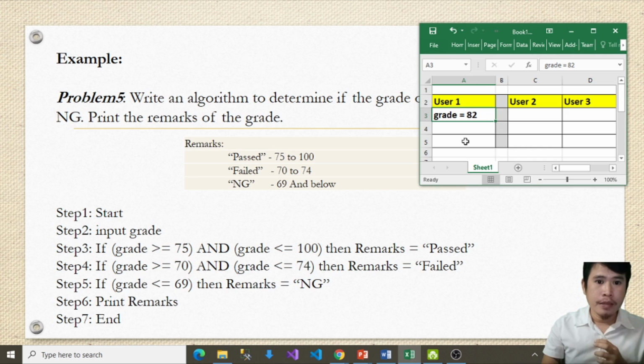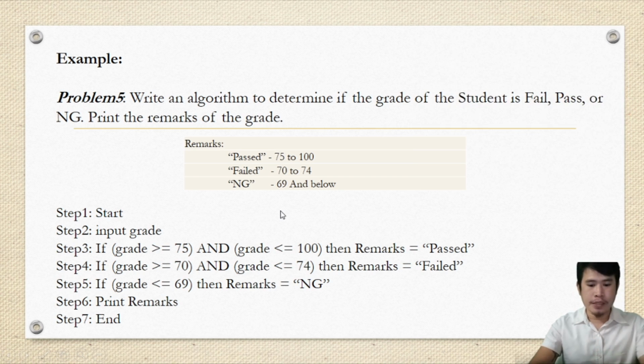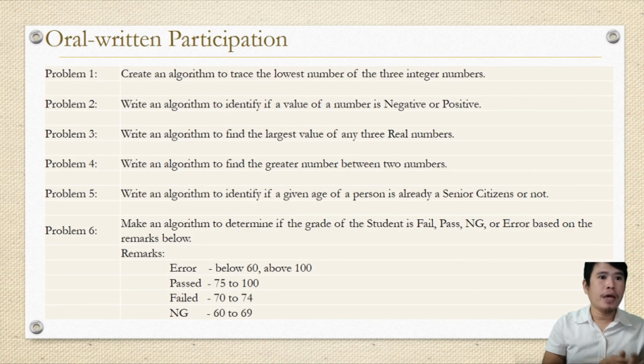Okay, next is this. This is an oral written participation. Your answer, if it is a text or an image file, you have to upload it to my FB Messenger as a private message.